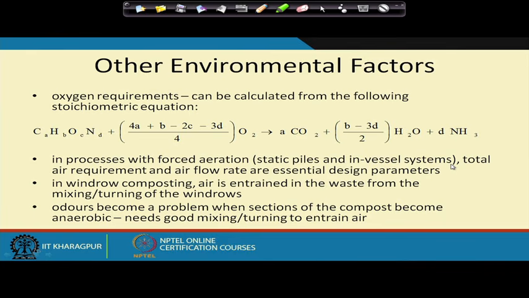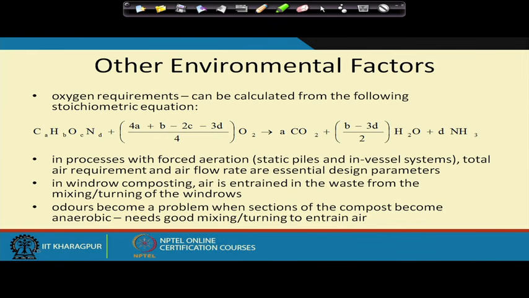There are some other environmental factors in terms of the oxygen requirement, which can be calculated from the following stoichiometric equation. We'll continue the discussion from this particular slide, because this slide will take a little bit of time to talk about, and we are near the end of this video at around 30 minutes duration.